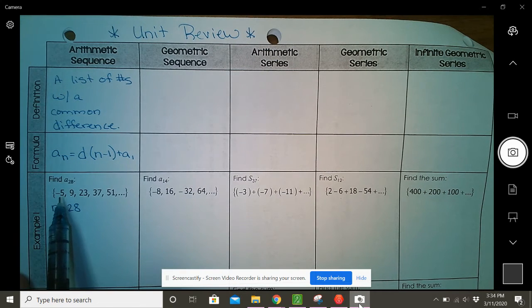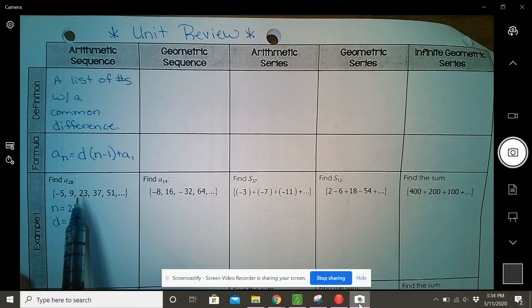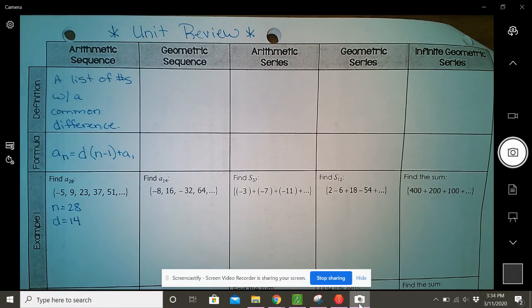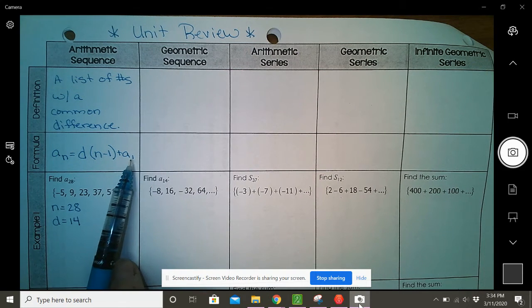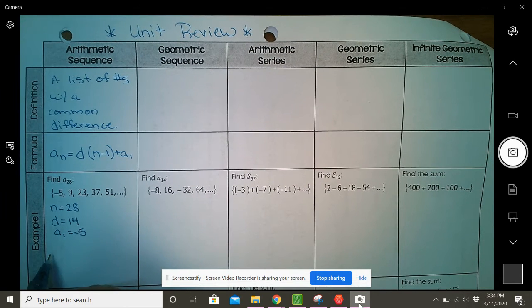So what am I adding to get from -5 to 9, or from 9 to 23, or from 23 to 37? Well, it looks like the common difference here is adding 14 each time. And then the other thing I have to be able to plug in is the a sub 1 value, which is the first term in the sequence, -5. So let's put everything in the right spot. We are finding the 28th term of this sequence.